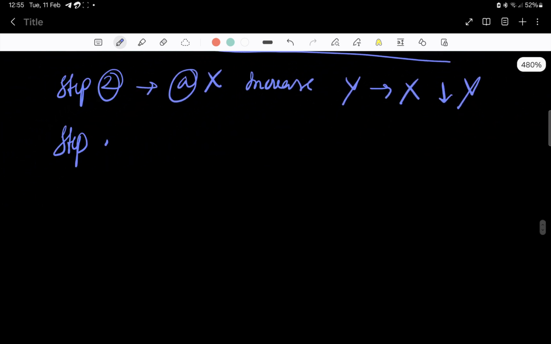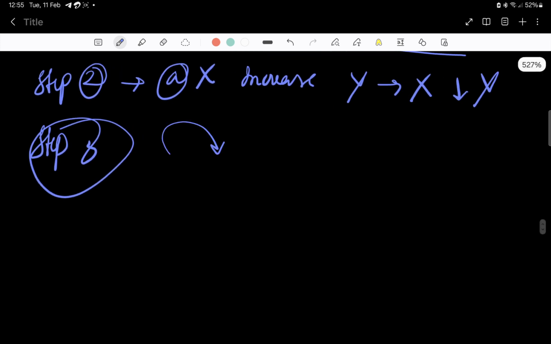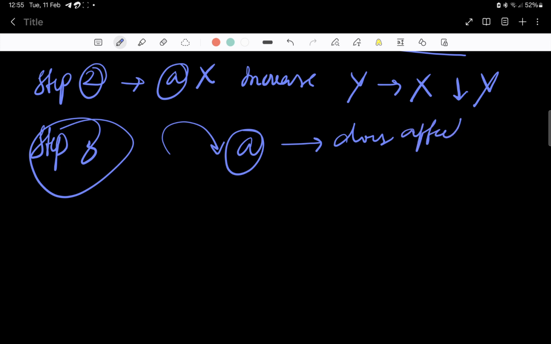Then coming to step 3. Check if the passage holds true by reversing an option. Does it affect the passage? If it doesn't affect the passage, then it is incorrect.